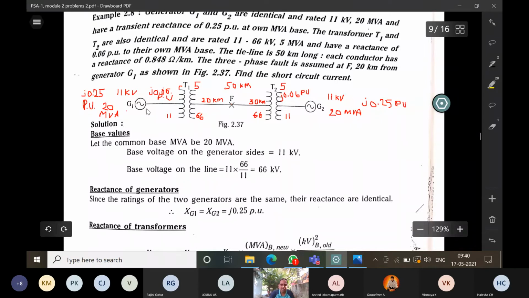Here, the generator and transformer are very near each other. There is no distance between the generator and transformer; both are beside each other, at the sending end only. This is the receiving end, where T2 and G2 are. So T1 to fault is 20 km, meaning 50 minus 20, this is 30 km from fault to T2, right?